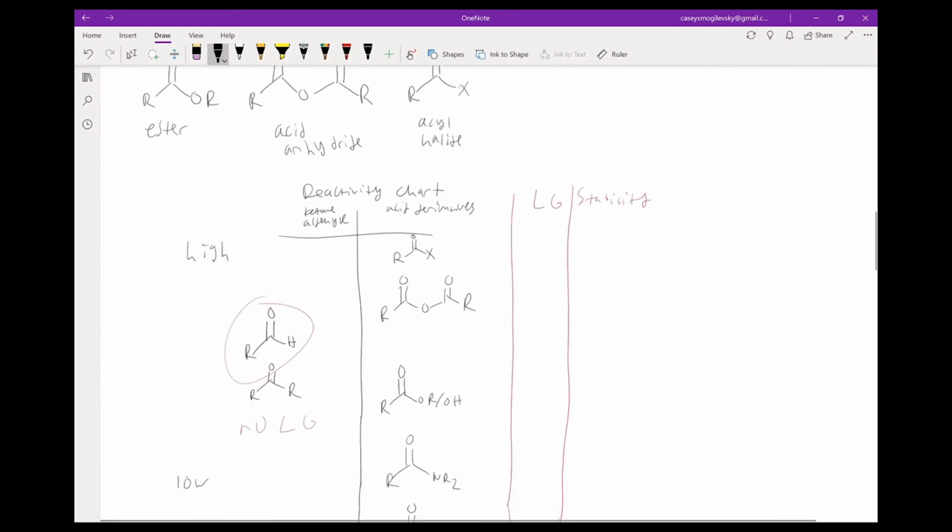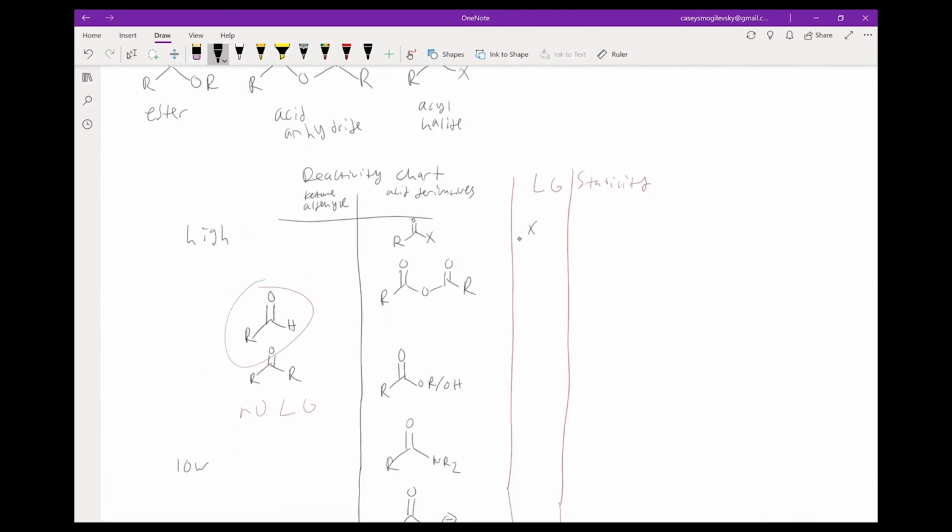The leaving group is going to be a halide, like a deprotonated conjugate base of hydrochloric acid or hydrobromic acid, for example. And as we know, those are very strong acids. So this is very stable.